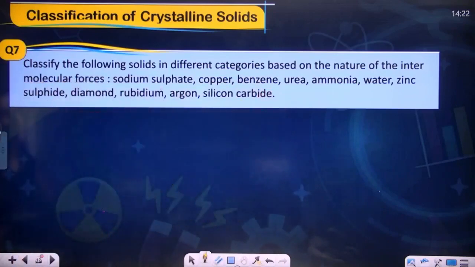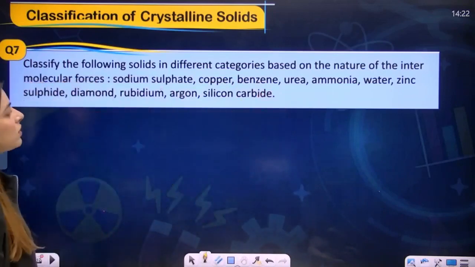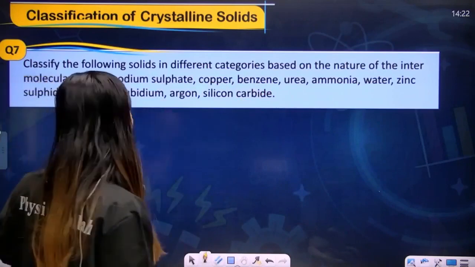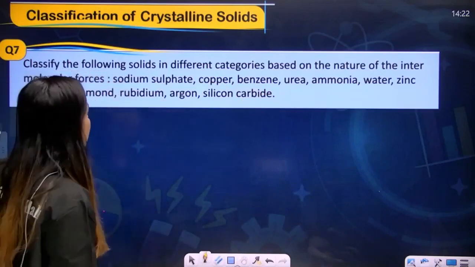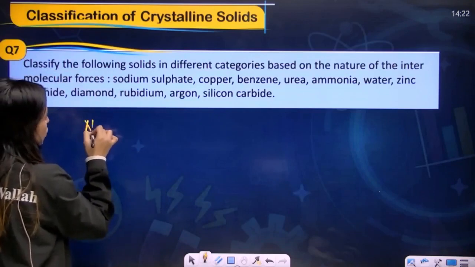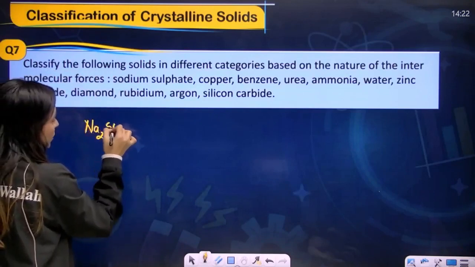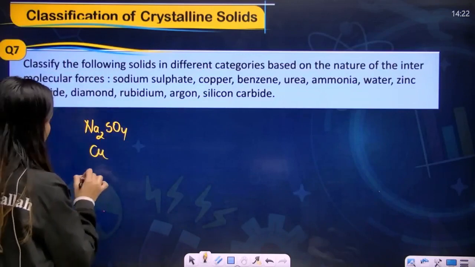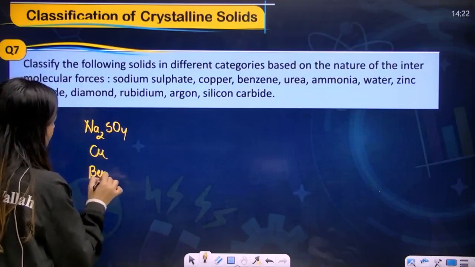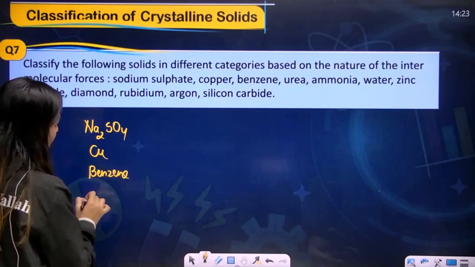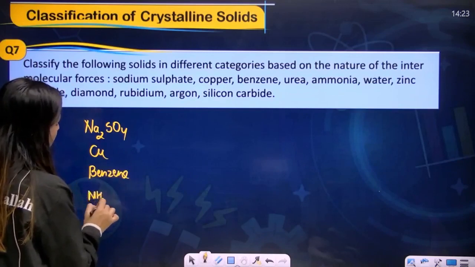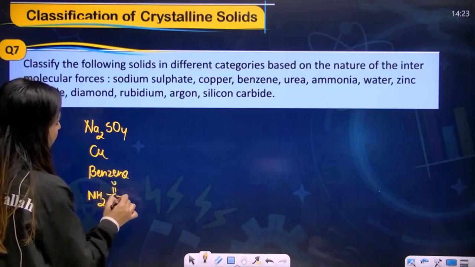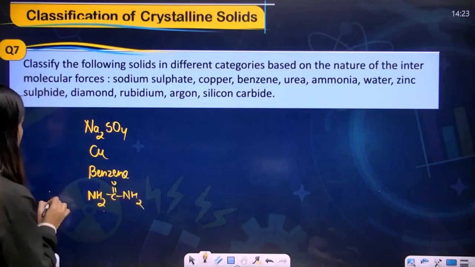The first question says: classify the following solids in different categories based on the nature of the intermolecular forces. You have sodium sulfate, Na2SO4. Then you have copper, then benzene, then urea. The urea formula is NH2C double bond O NH2.